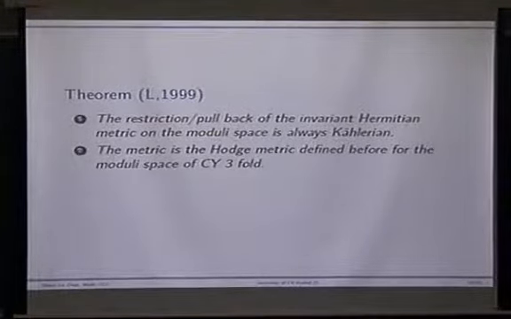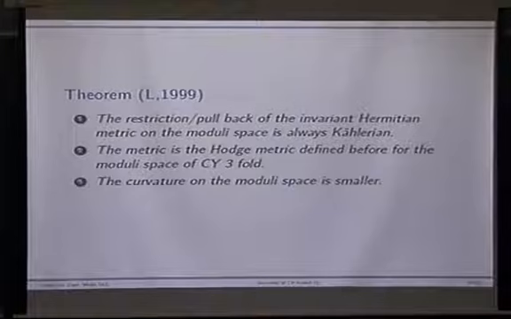Also, the metric is the Hodge metric defined before for the moduli space of Calabi-Yau threefolds. It's the same thing. For Calabi-Yau threefolds we can write it out explicitly, but it can also be defined as the pullback of the natural invariant Hermitian metric to the moduli space.